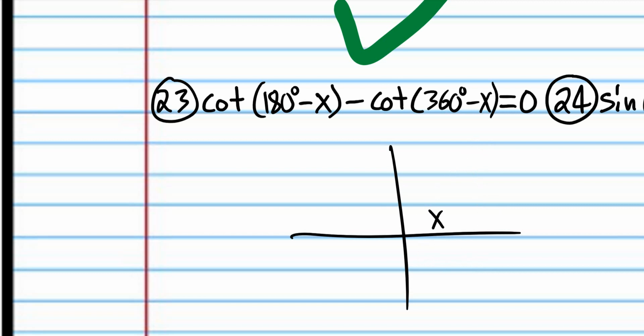But 180 minus x, that would be rotating 180 degrees and then subtracting x. So you get a triangle that looks like that. In that case, cotangent is going to be negative x over y, and so it's going to be negative, so it's a different sign.